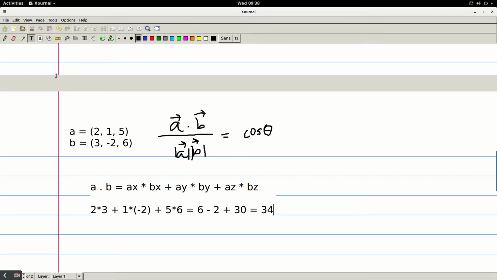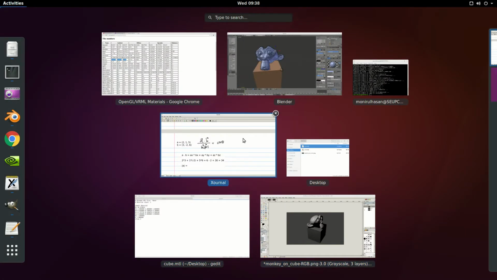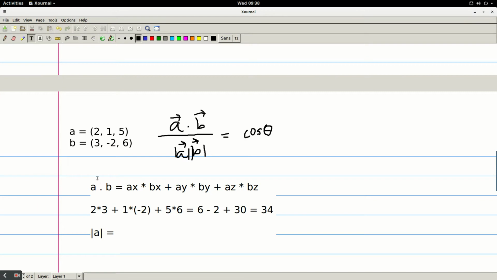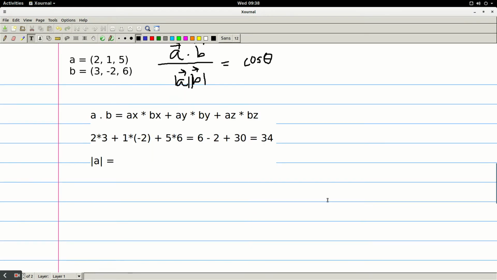Do we know how to calculate the magnitude of A? The magnitude of A is going to be, oh by the way, I really need to put bars over here, which I'm not doing to save time, but whenever you're answering this, you need to make sure that they look like vectors. Put a bar on top.